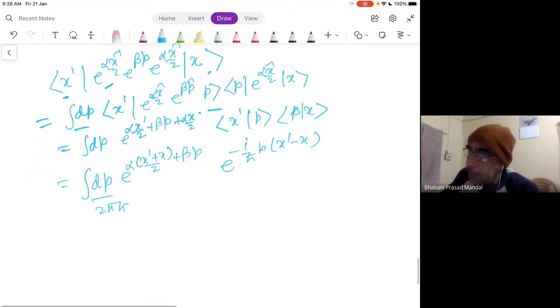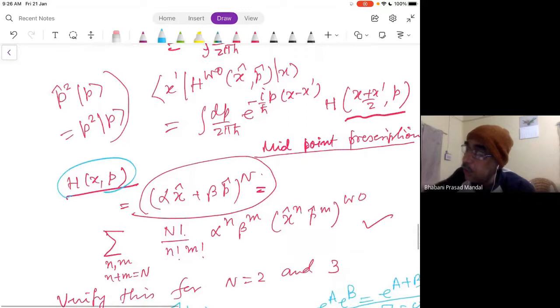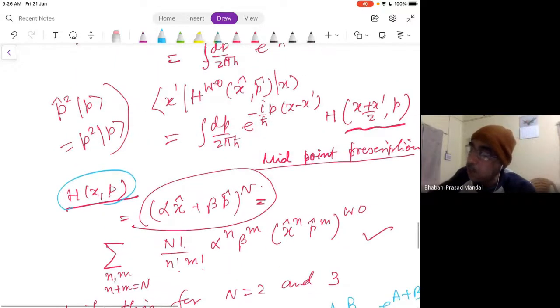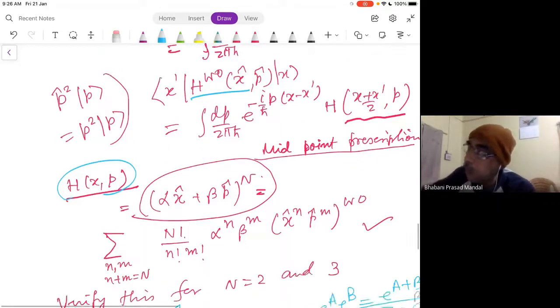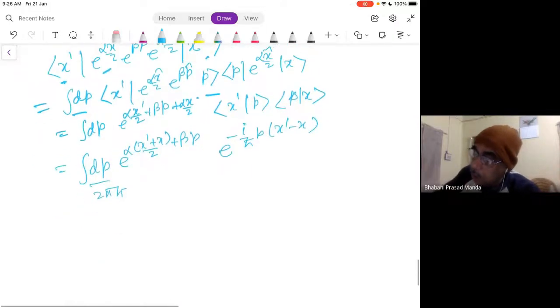So immediately, if a general quantity like e to the power alpha x plus beta p can be written in this way, I can write my Hamiltonian in Weyl ordering. So this is the proof of the midpoint prescription that you will have.